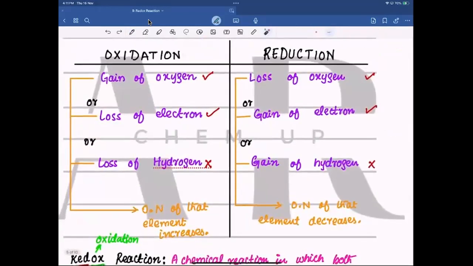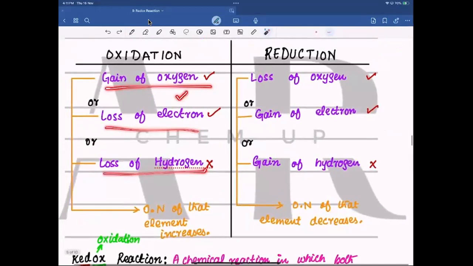Oxidation occurs when we observe any one out of these 3. Whether gain of oxygen is observed, if some element is gaining oxygen, if some element is losing an electron, and in the same way, if some element is losing hydrogen, then if any one of these cases is there, then it's oxidation.